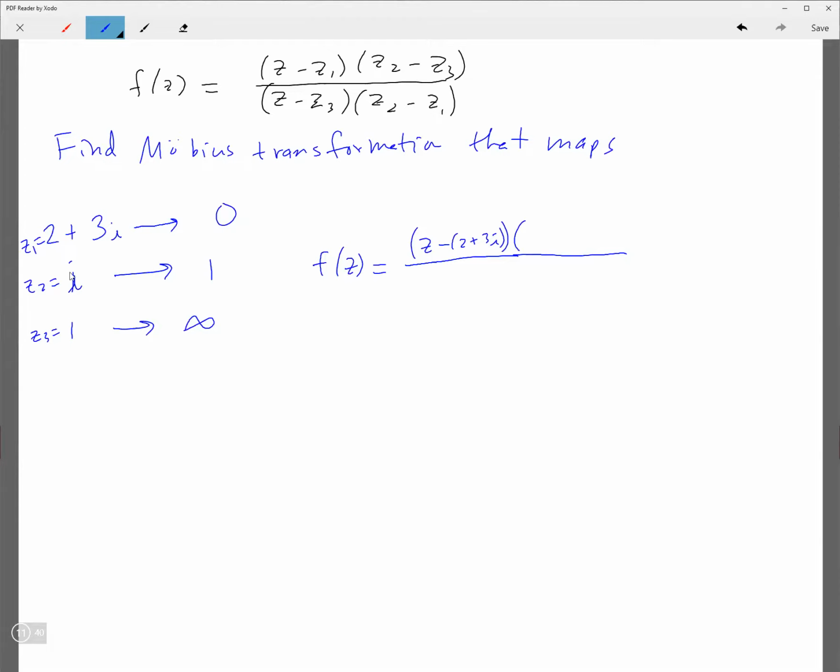This one becomes this minus this, i minus 1. This becomes Z minus 1. And then Z2 minus Z1 would be this minus that one. So we get there, and if we simplify that, we'll have a Mobius transformation that does the mappings that we want.